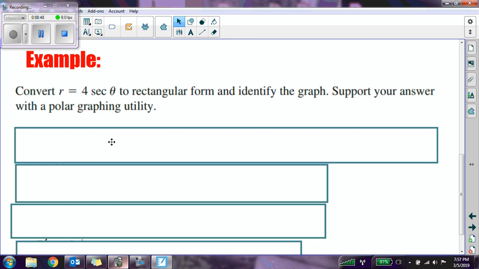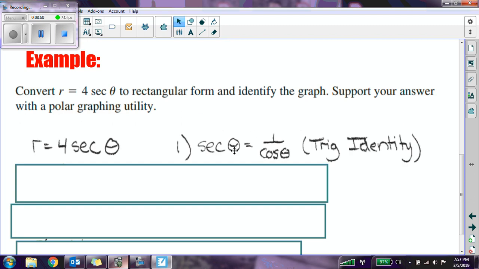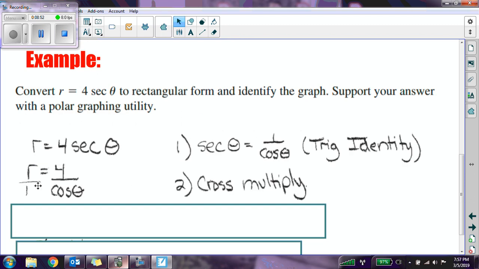Okay. So to start out with this, again, using that trig identity, I rewrote this as r equals 4 over cosine of theta. I just put a 1 over this r here, so I can go through and cross multiply this equation.